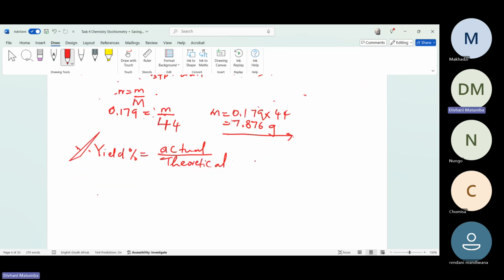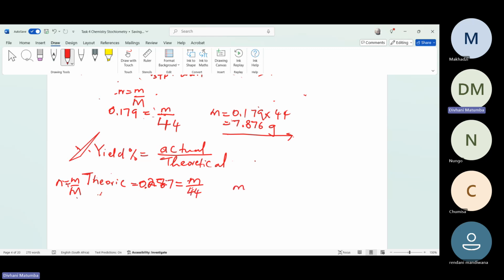Is it for theoretical, right? Yes. What we have calculated there is the actual, which is 7.876 grams. I agree. For theoretical, we're gonna use the same formula. We know the number of moles, which is 0.287, equal to m over the molar mass, which will be 44.